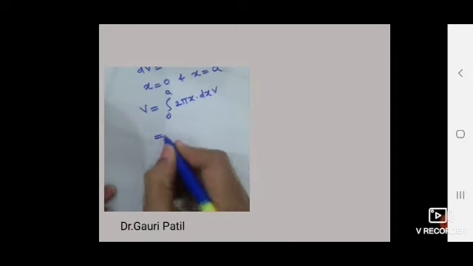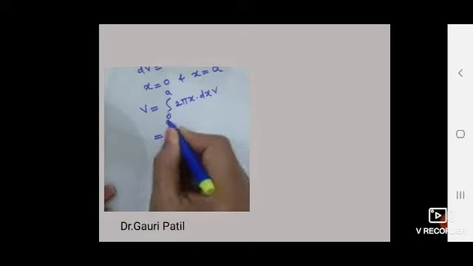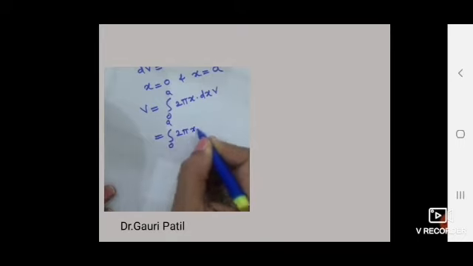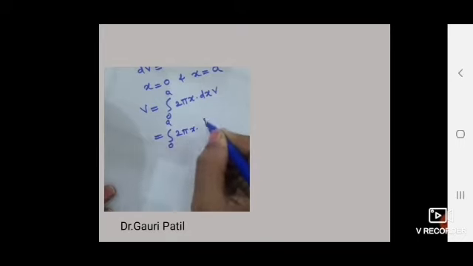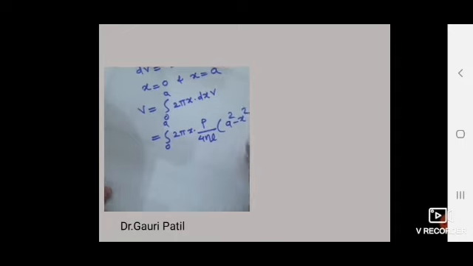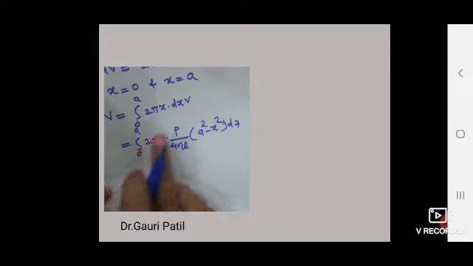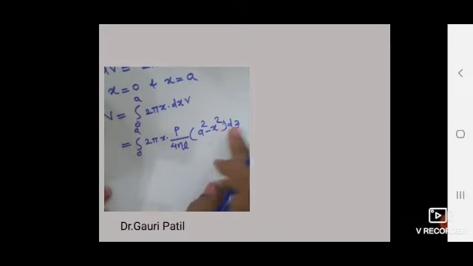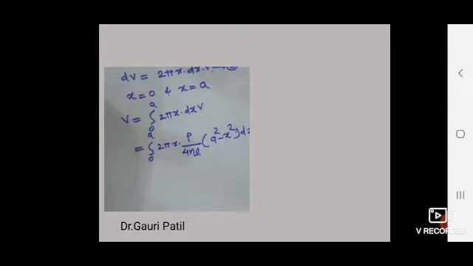So we get the integral from 0 to a of 2 pi x into the value of v, which is p upon 4 eta l into (a square minus x square) dx. This is the value of v.